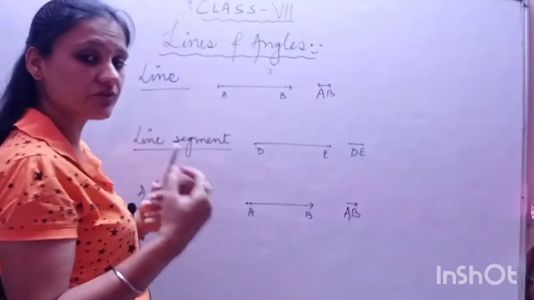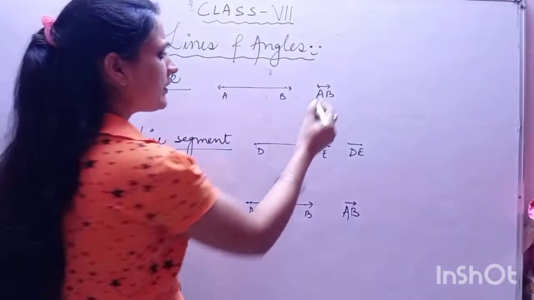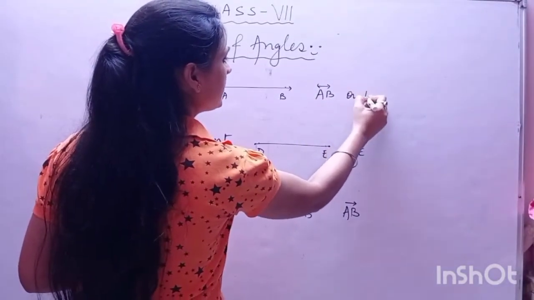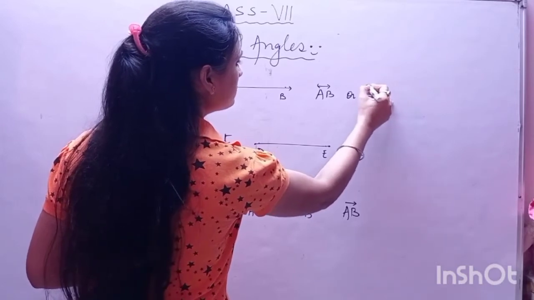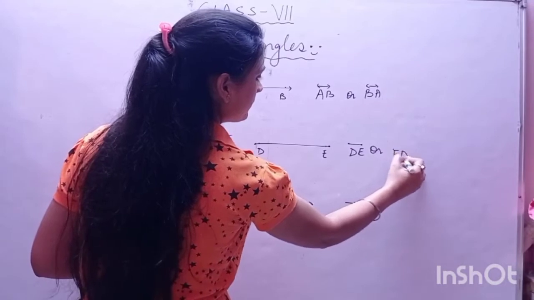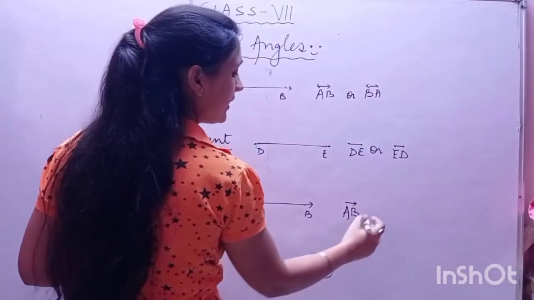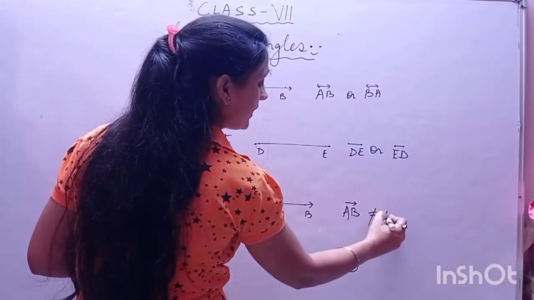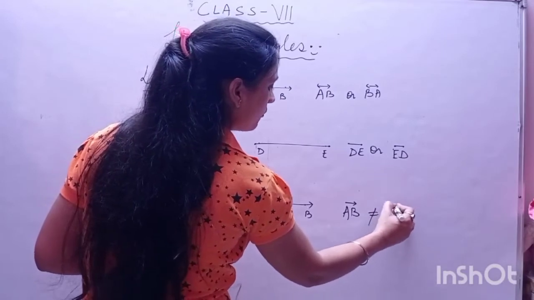But the thing which is really important to understand is that a line segment can be written like this also, or like this also, but a ray we cannot write like this. Why?